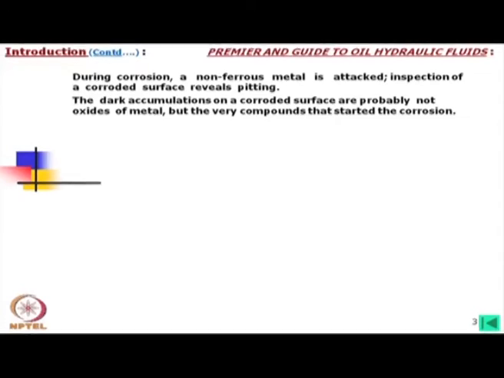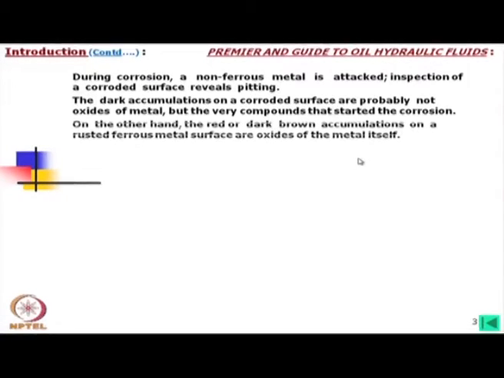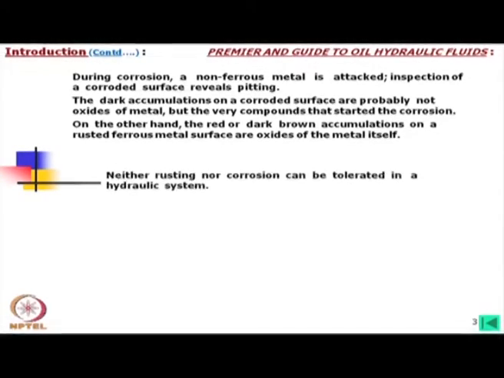We may think that this is oxides of metals, and maybe some portion is, but normally it is the compounds. On the other hand, the red or dark brown accumulations on a rusted ferrous metal surface are oxides of the metal itself. This is of course ferrous material.